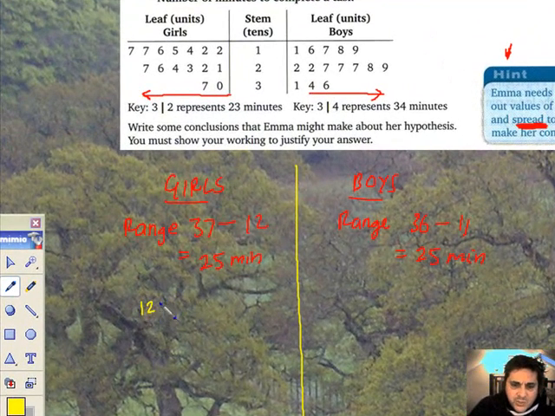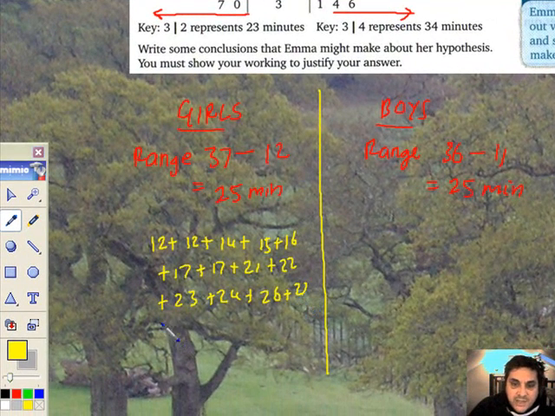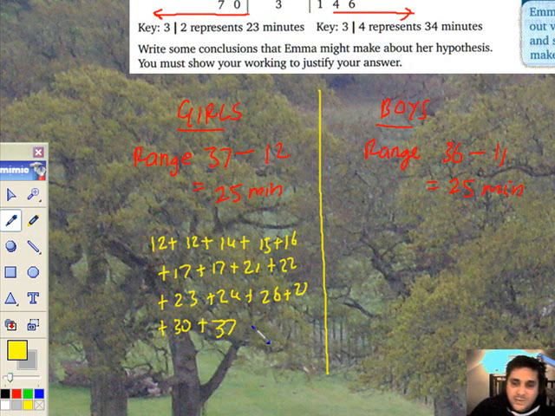I have got a 12 plus a 12 plus a 14 plus a 15 plus a 16 plus 17 plus another 17 plus a 21 plus 22 plus 23 and a 24, and I've got a 26 and a 27, and I've got a 30, and I've got a 37. I need to total all that up, so I'm going to write the word total here, so I'm not going to put down equals just there.